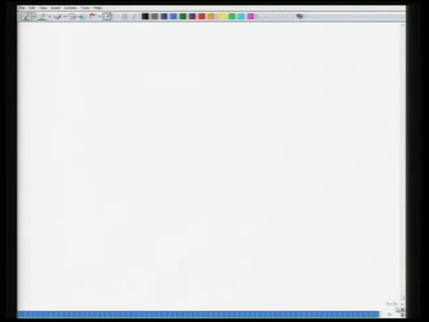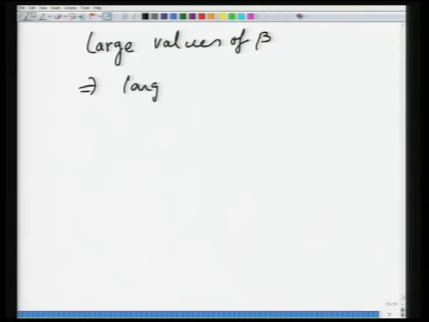So, for large values of beta, what would this imply? This would imply a large field, as you can see from mu E by kT. The larger the E is, the larger the beta is, or low temperature.